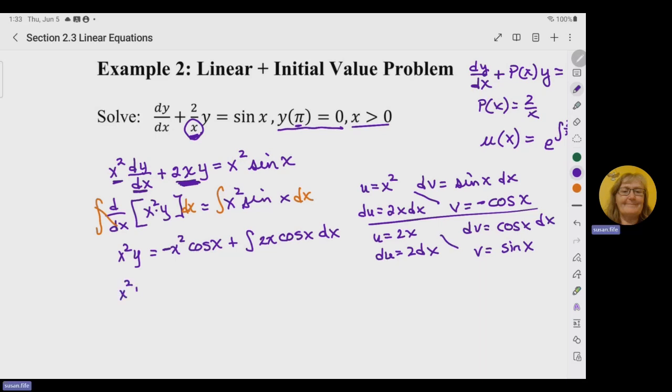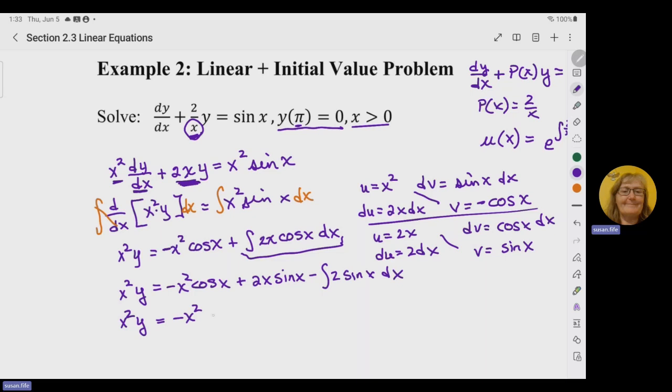So let me rewrite this. x squared y equals negative x squared cosine x. And then this integral becomes uv, 2x sine x. So plus 2x sine x minus the integral v du, minus 2 sine x dx. And then I can do that last integration.